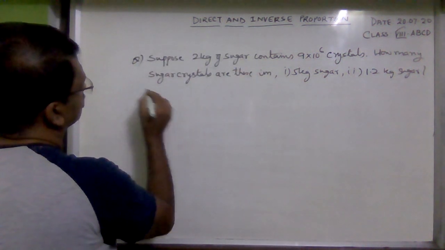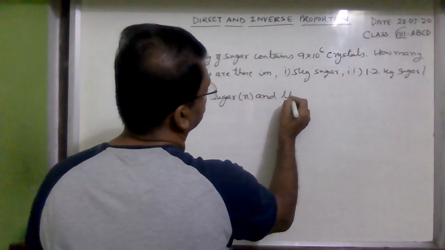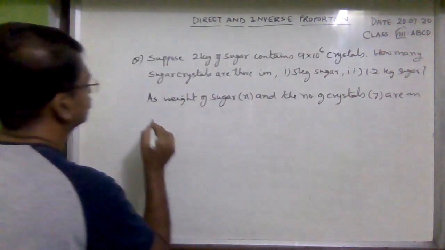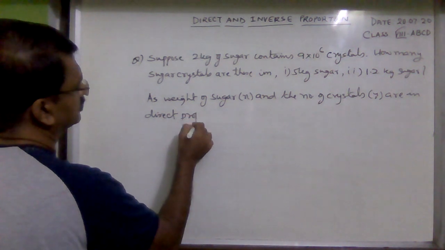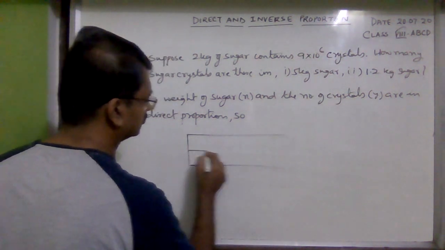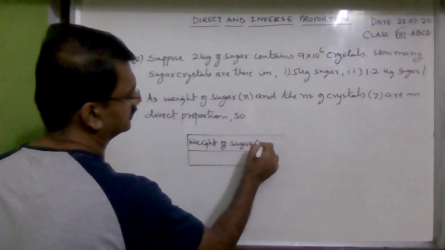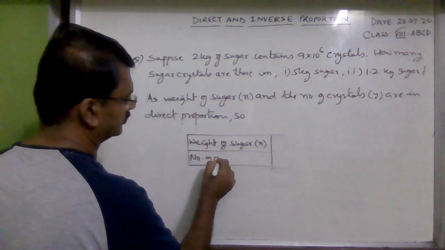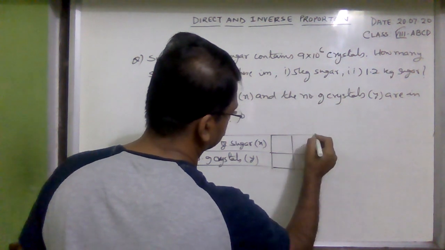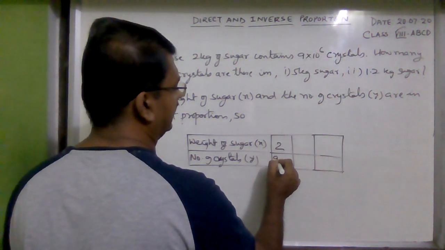So as weight of sugar and the number of crystals are in direct proportion, so see, initially the weight was 2 kg and the number of crystals 9 into 10 to the power 6.